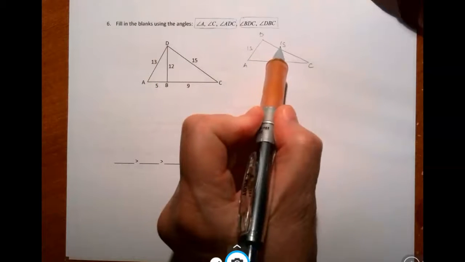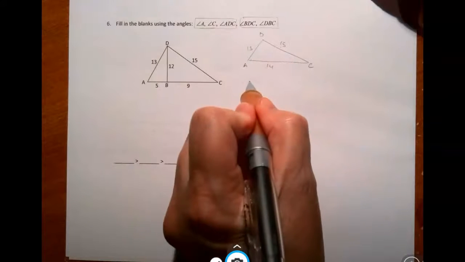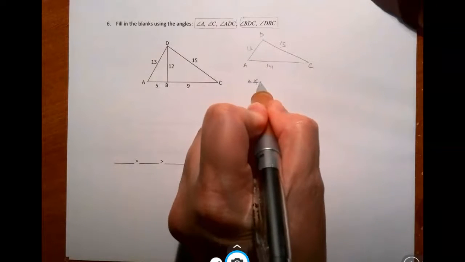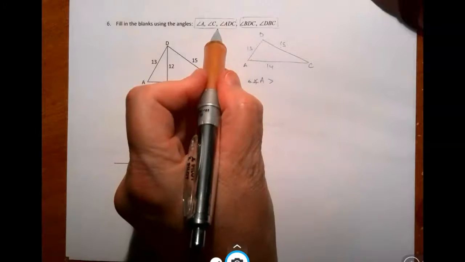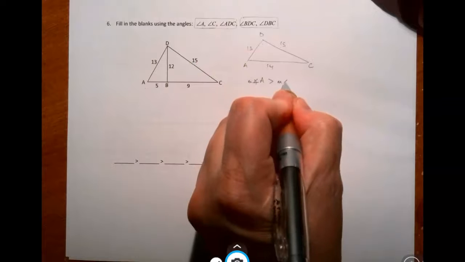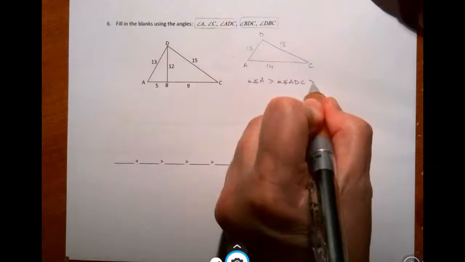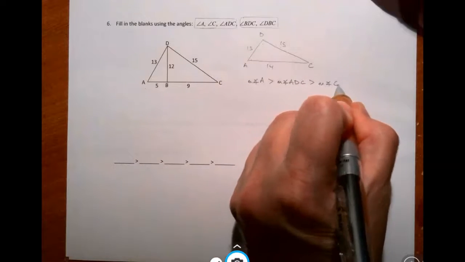The largest side of this triangle is 15. So that means the measure of angle A is going to be the largest angle in that triangle. And then the next largest angle is going to be that angle ADC next. And then that's bigger than the measure of angle C. So that gets me these three in order.